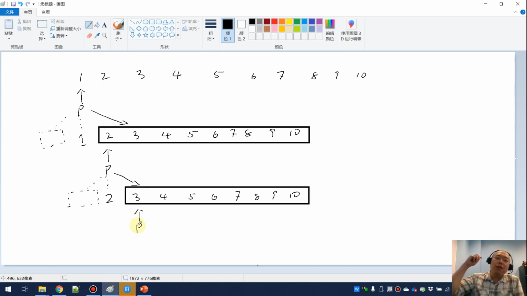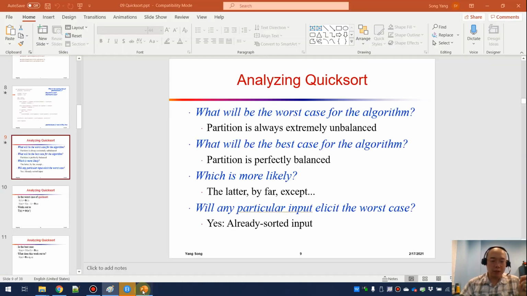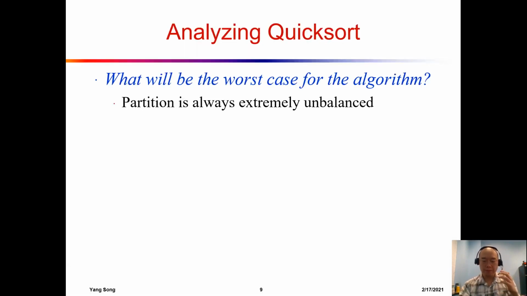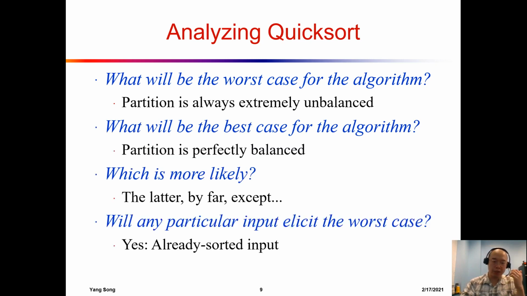So we are continuously hitting the worst case until we go all the way to the end. So let's come back to the PowerPoint. We have answered all the questions, and what is particularly the worst case? The worst case of quicksort is when we have a pre-sorted input.